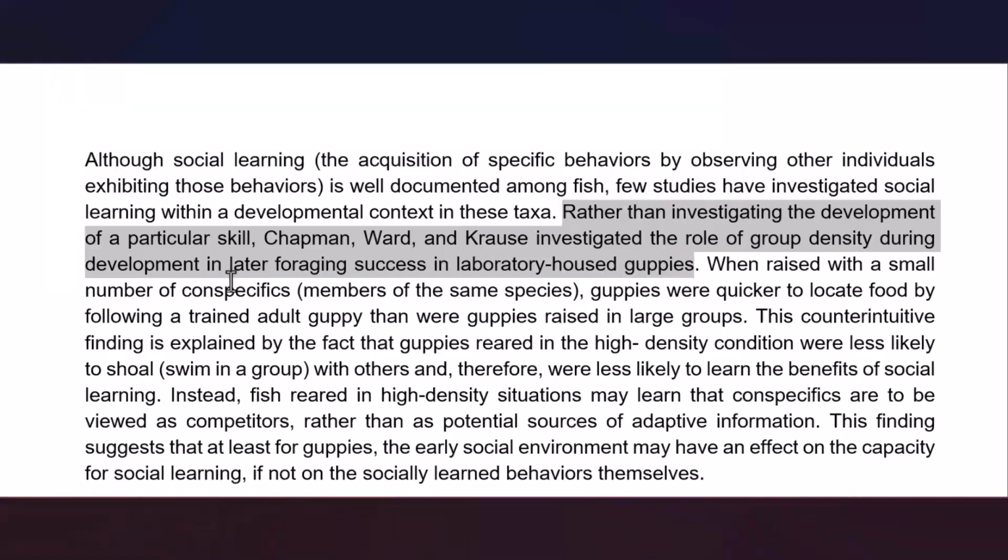They had this initial perception of foraging as a kind of skill, and they wanted to gauge the effect of group density in the development of foraging success among guppies. So it seems that studying social learning is still the primary motivation of these researchers, while on the surface and initially they shifted their focus from studying a particular social skill.